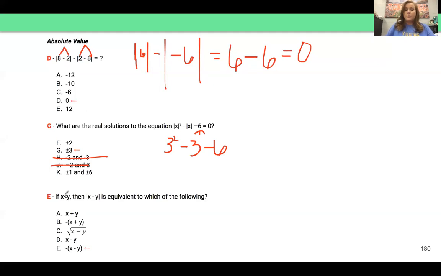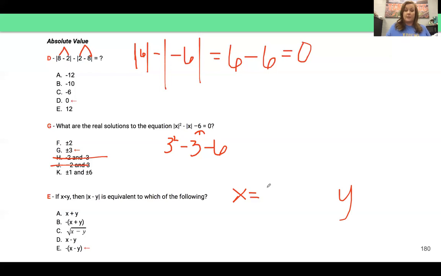Here, this is one of those problems where they give you the variables and they don't give you anything else. And I have told you before, when they give you this, assign a value for x and y. It makes it easier. So they say x is less than y. So absolute value of x minus y is equivalent to which of the following? Well, let's work smarter, not harder.